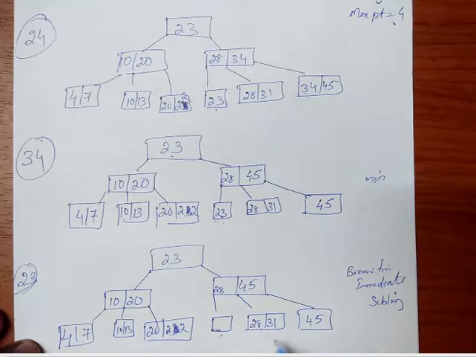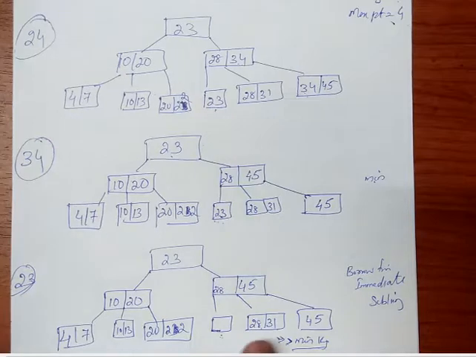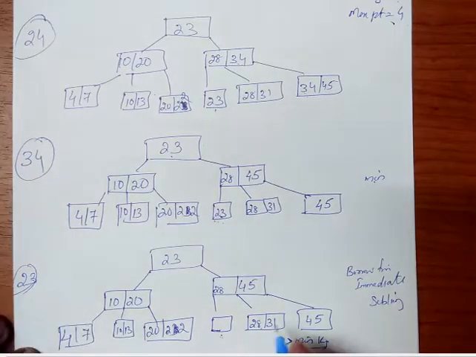But one problem is that we have to check whether the sibling we are going to borrow from contains more than the minimum number of keys permitted.